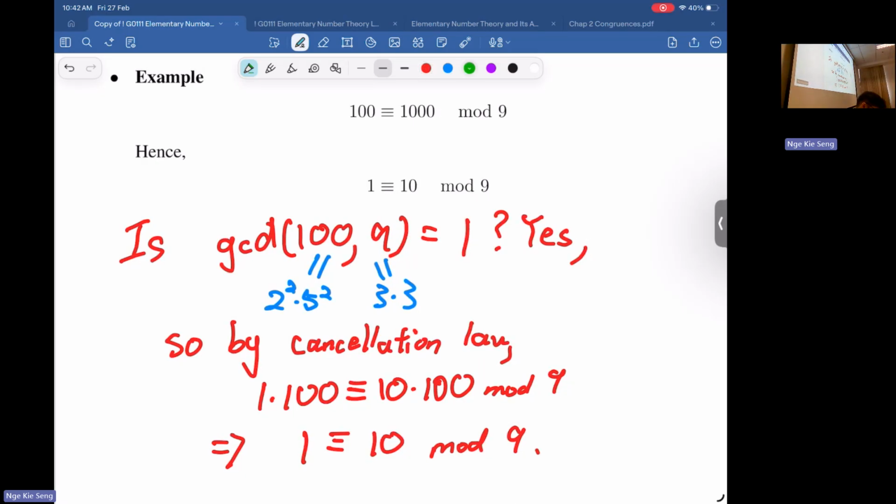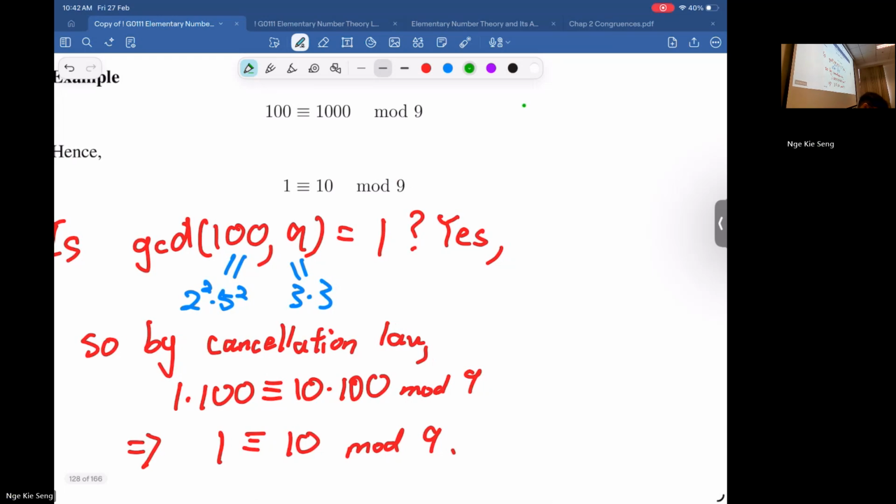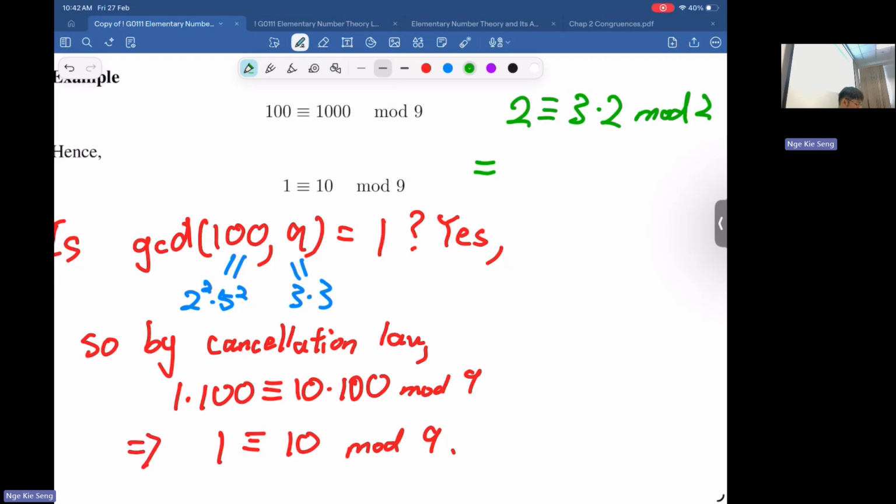So in general, you cannot simply do it. Let's work out some bad examples.